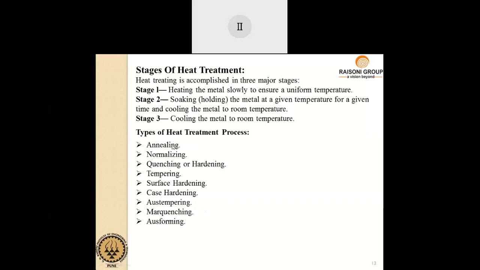Annealing means a very slow rate of cooling. Normalizing means somewhat faster than annealing. Quenching and hardening means a very high rate of cooling.